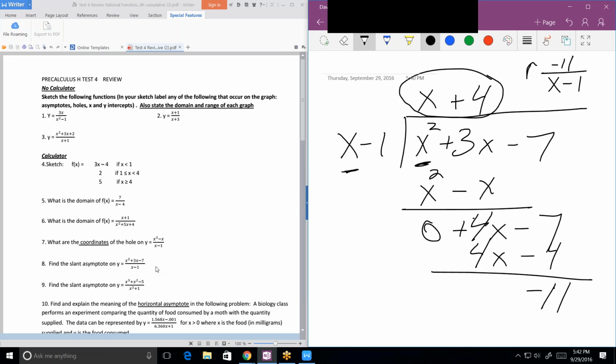Well, after you do the division, take your linear term, and that is the slant asymptote, regardless of what the remainder is. You could actually throw that away in terms of graphing it. I don't need it. I already know I have a vertical asymptote at x equals 1, and I have a slant asymptote that is the line y equals x plus 4.